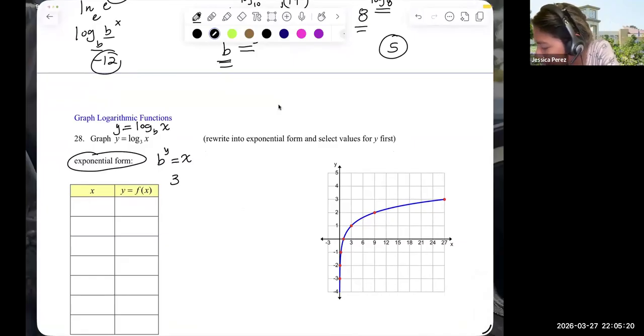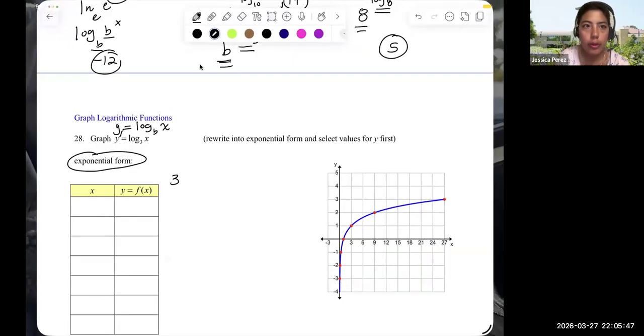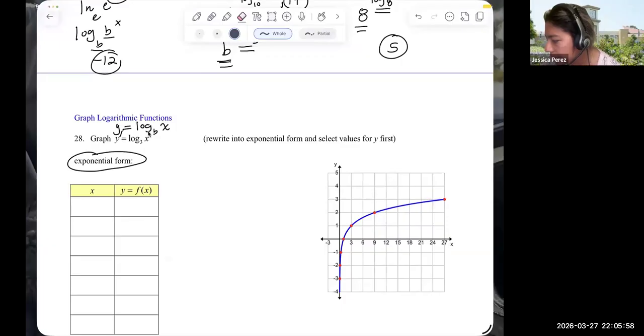So you have y equal log base b of x. Now, if we're changing this to exponential, you have b to the y is equal to x.